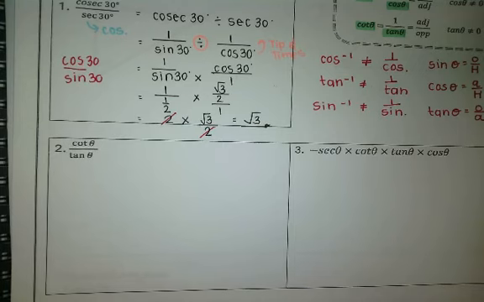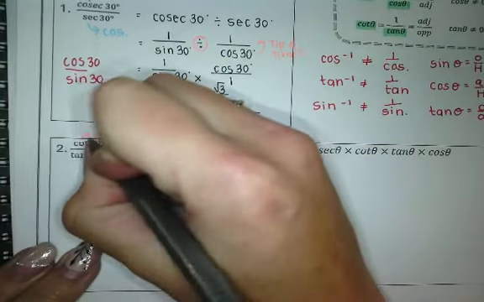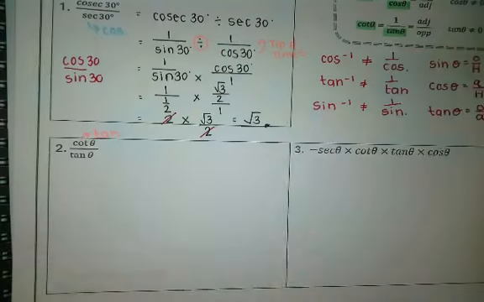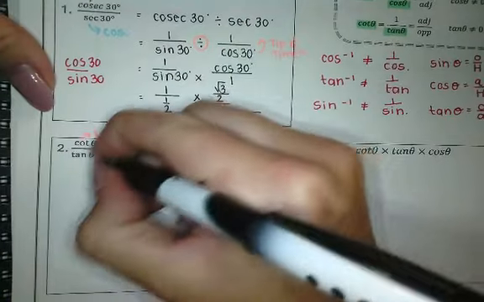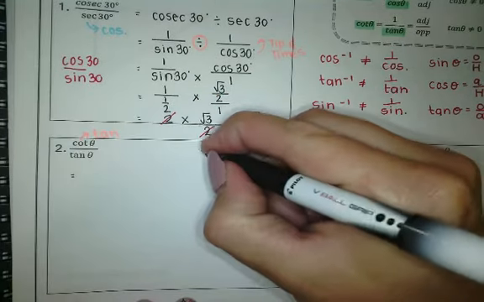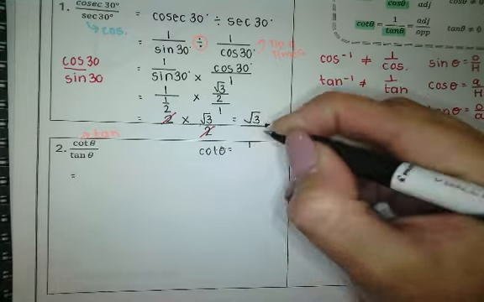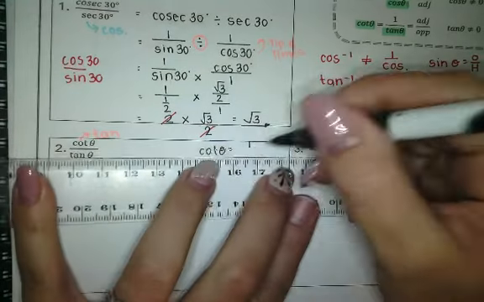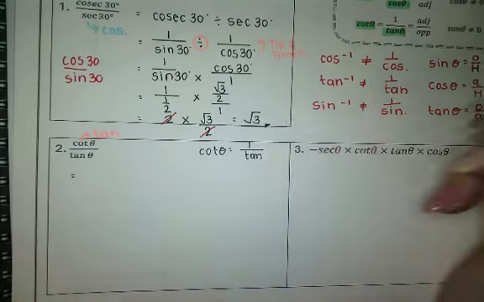Okay, next one. We know that cot is the reciprocal of tan. So technically speaking, we've got not tan over tan. Remember, cot is the reciprocal, 1 over tan.